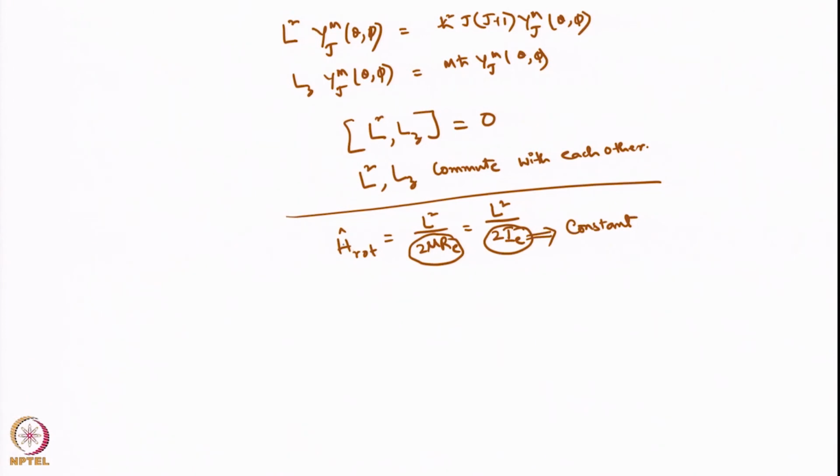Because this Hamiltonian consists of the operator L square, it will have the same eigenfunctions as L square, except that now they will be multiplied by different constants. So, H rotational acting on Y_jm(theta, phi) will give you h bar square divided by 2 mu R_e squared, j(j+1), Y_jm(theta, phi), and this is your eigenvalue.